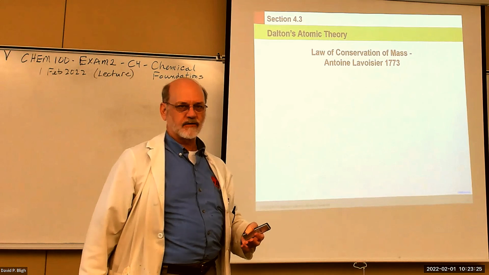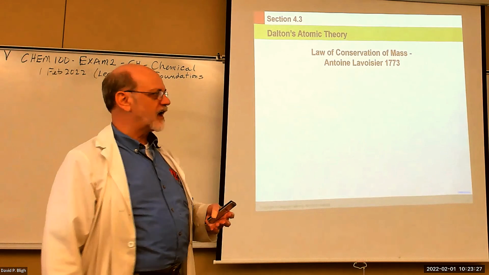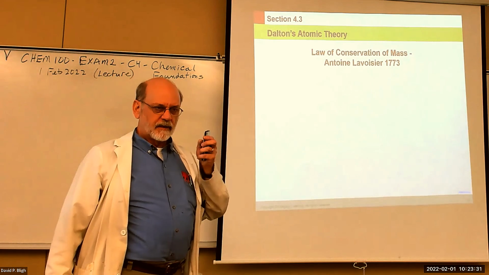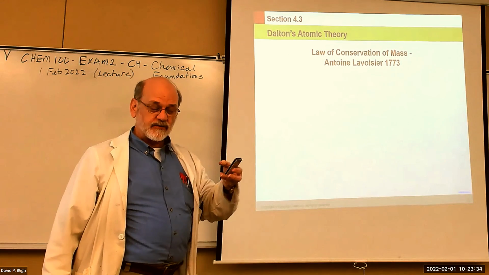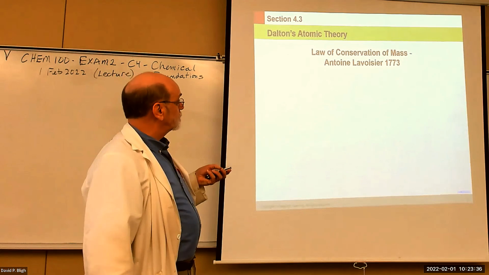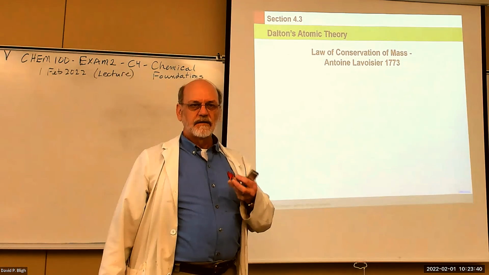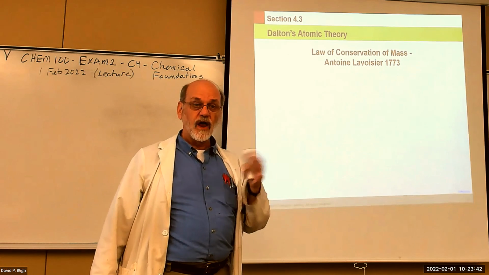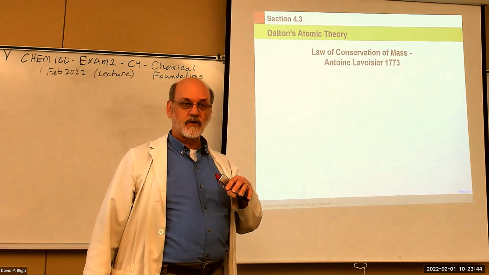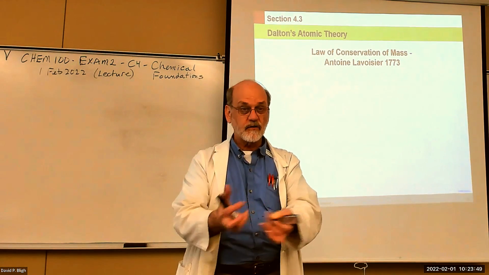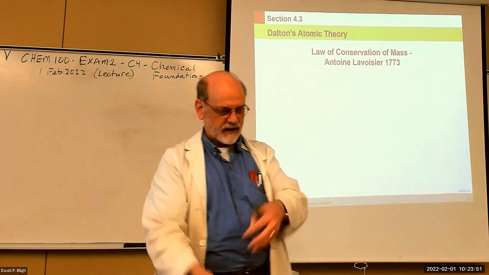They weren't called chemists or physicists, natural philosopher. But he did work in chemistry and determined that during a chemical reaction, there is no creation or loss of mass. In other words, what you start with has its characteristics, the identities of the reactants, and then they react and they produce products.